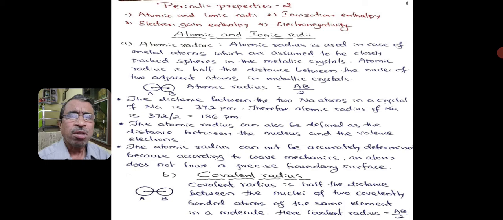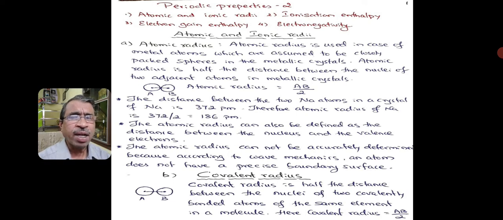Coming to the molecules having a covalent bond. In such cases, we use the word covalent radius. Covalent radius is half the distance between the nuclei of two covalently bonded atoms of the same element in a molecule.